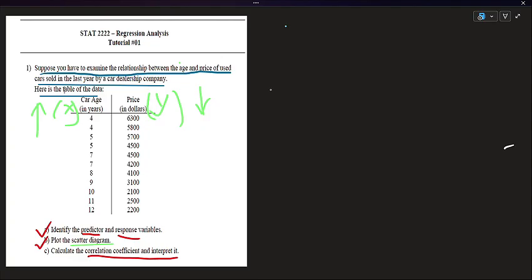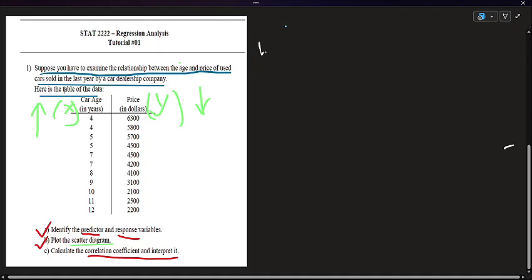Now we have to calculate the correlation coefficient, which means simple r. How are you going to do that? Simple r has an equation.